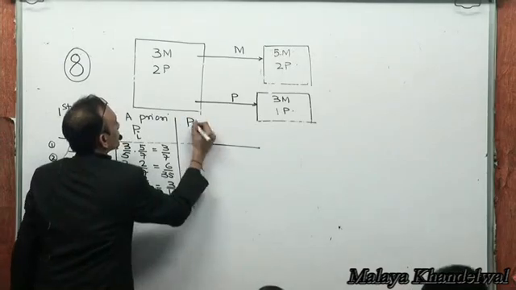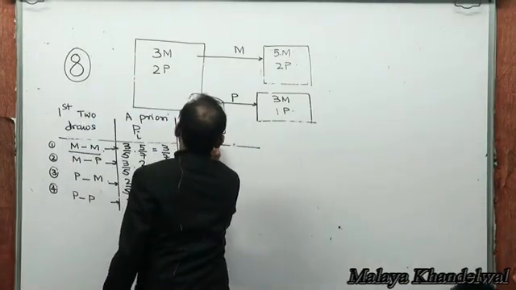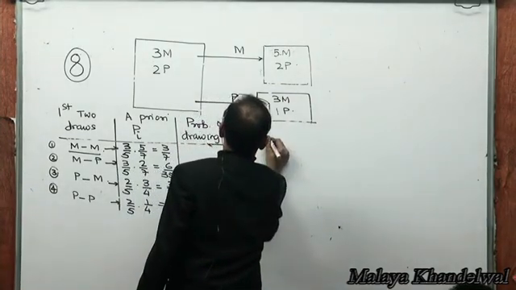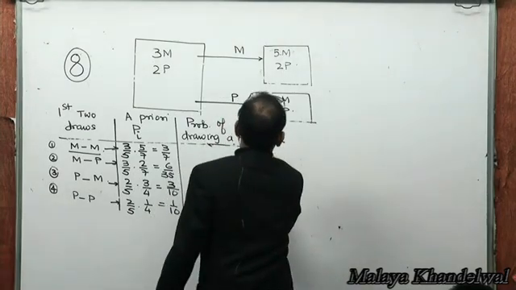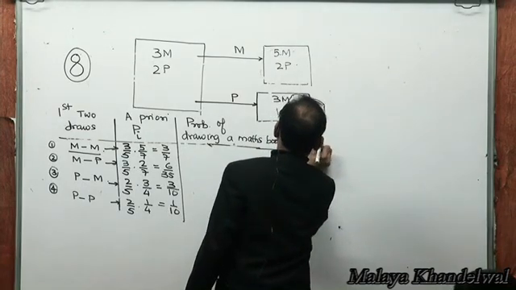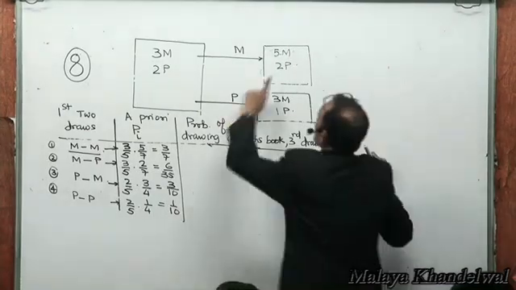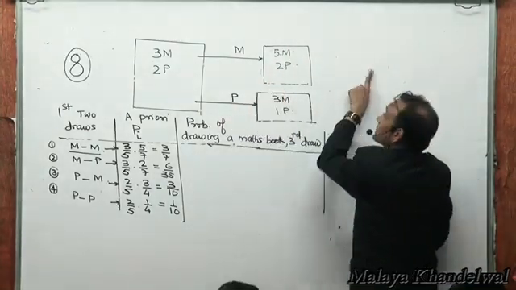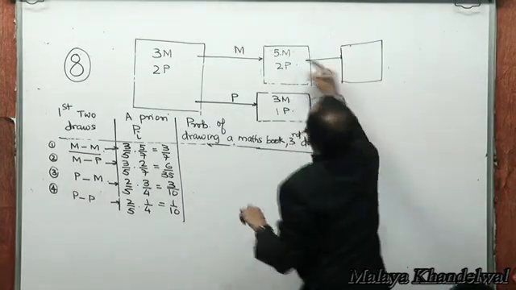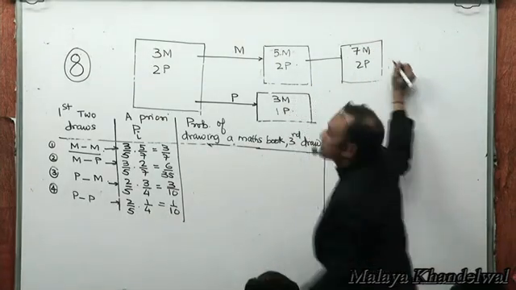Probability of drawing a maths book in the third draw. Right? Now, maths and then maths. If it's again maths, then 2 more maths books will get added. So this will be like 7 maths and 2 physics.